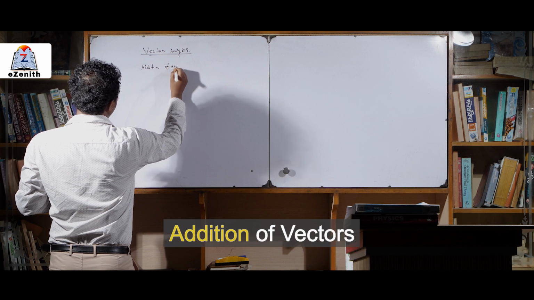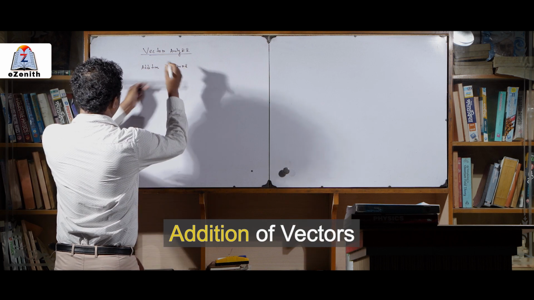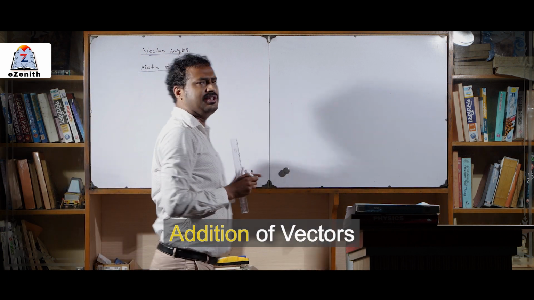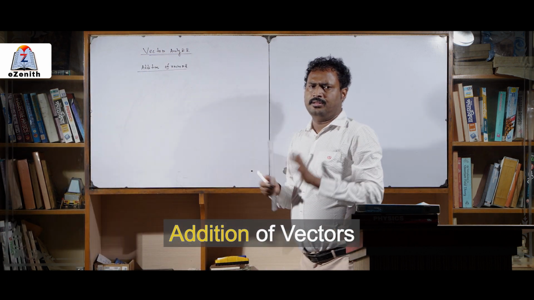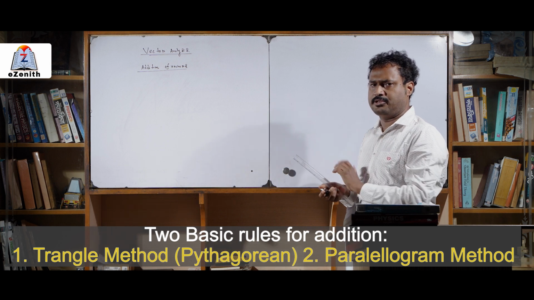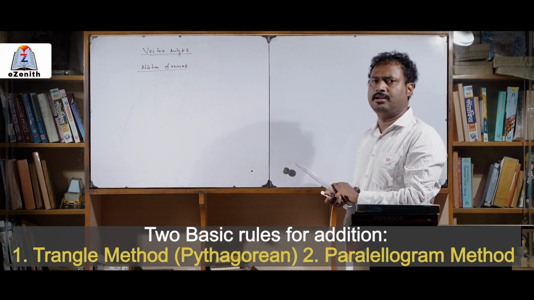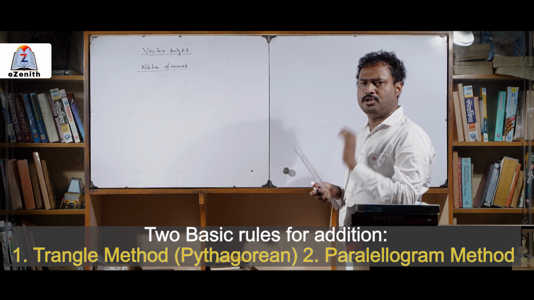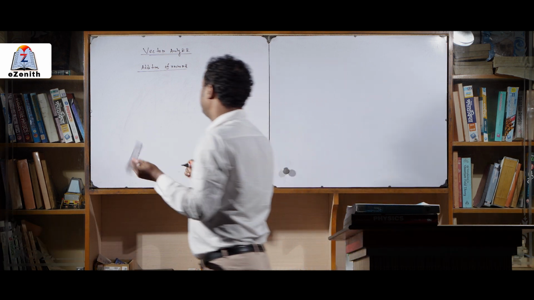In case of addition of vectors, there are two basic rules. One is the vector triangle law and another is the parallelogram law. So we first discuss the triangle law.